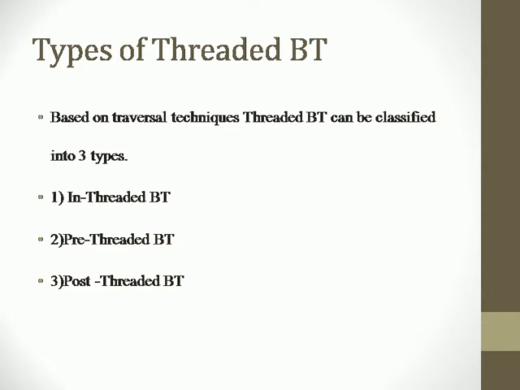In pre-threaded binary tree, pre-order traversal is used to find the predecessor or successor node for the node having null links, to replace them with threads. In post-threaded binary tree, post-order traversal is used to find the predecessor or successor node for the particular node having its link field null.